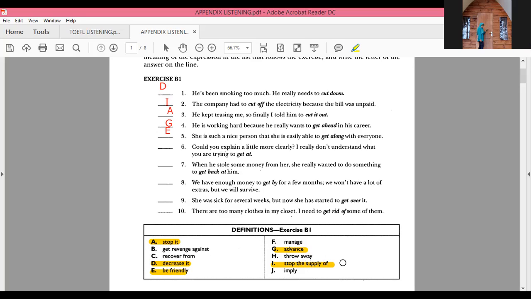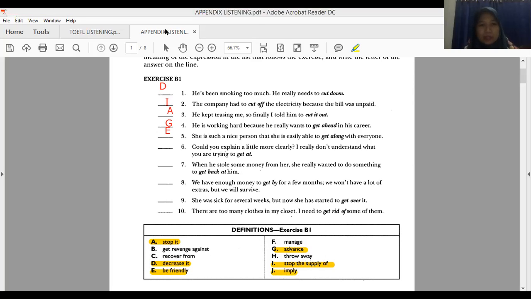Bravo, get revenge. Unfortunately not. Kalau get revenge itu balas dendam. Ini get at. I don't understand. Can you explain a little more clearly? Oh, berarti dia minta jelaskan. Kenapa dia minta dijelaskan? I don't really understand what you are trying to get at. Apa maksudmu? You are trying to imply. See.